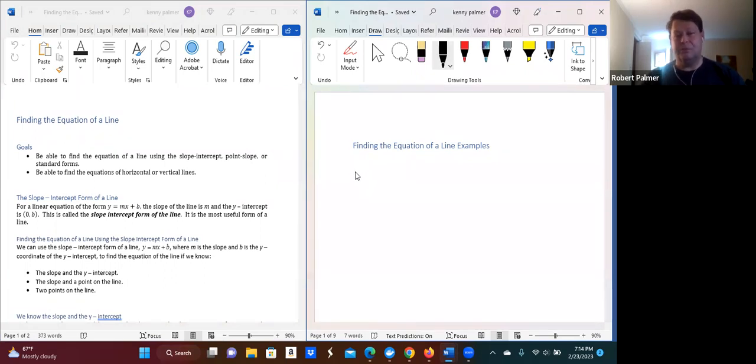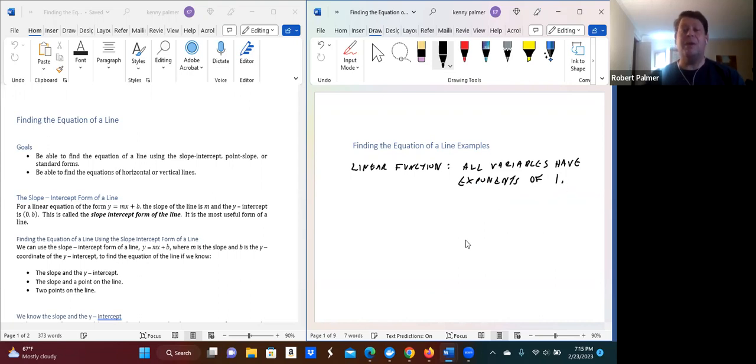So a linear function, just a reminder, what a linear function means is that all variables, however many you have, have exponents of 1.